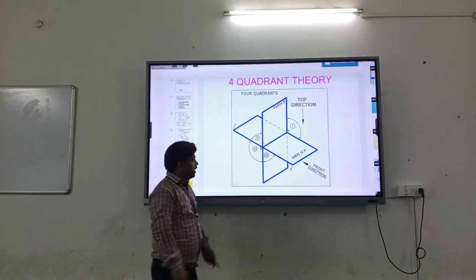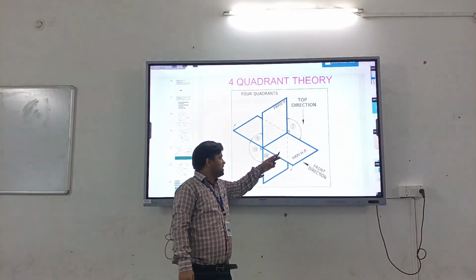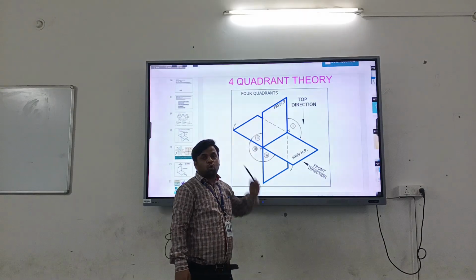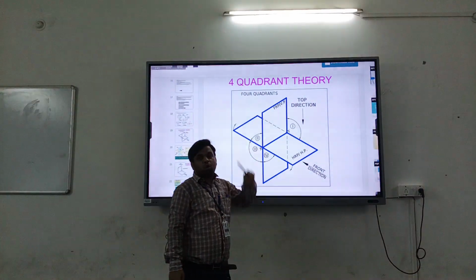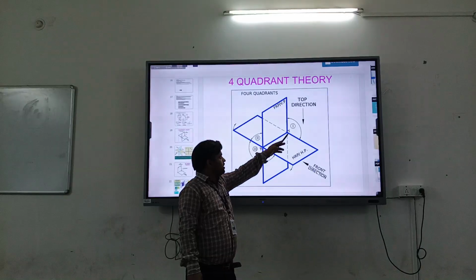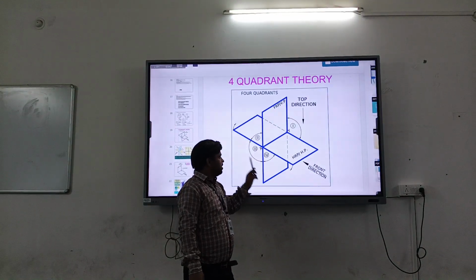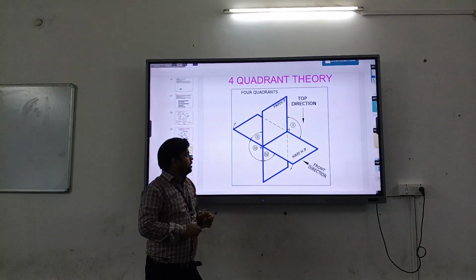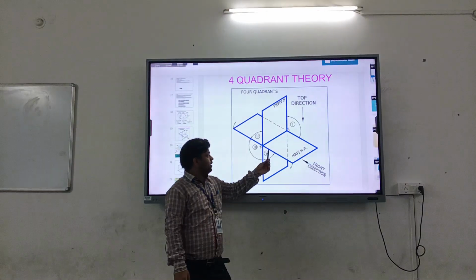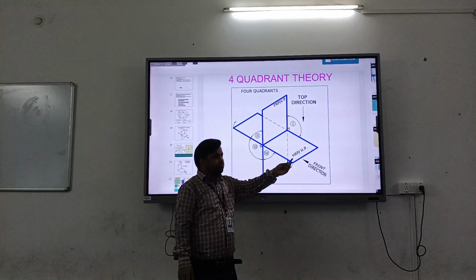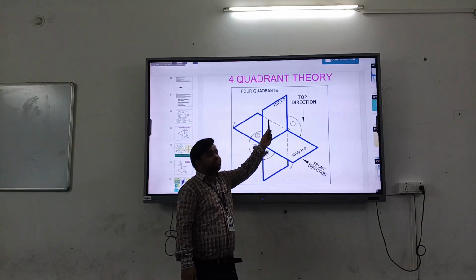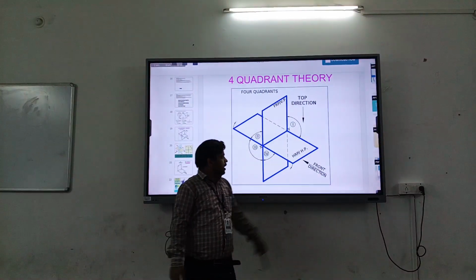So here from this diagram we can see that there are four quadrants. This is called quadrant theory. This is the first quadrant, second quadrant, third quadrant, fourth quadrant. Here HP means horizontal plane, VP means vertical plane.